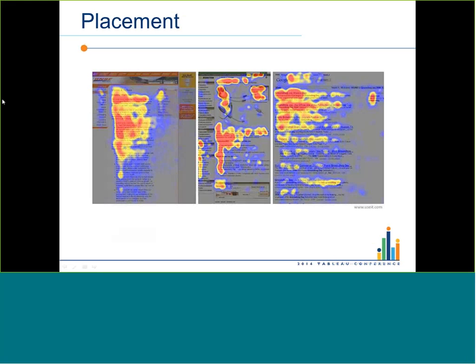You may notice that a lot of time is spent at the top and on the left-hand side, and that's because of the way that we read. People drift across from left to right, then go down to the next line and go again, and they kind of lose interest around about here, right? So the majority of the time spent is in the top left corner.